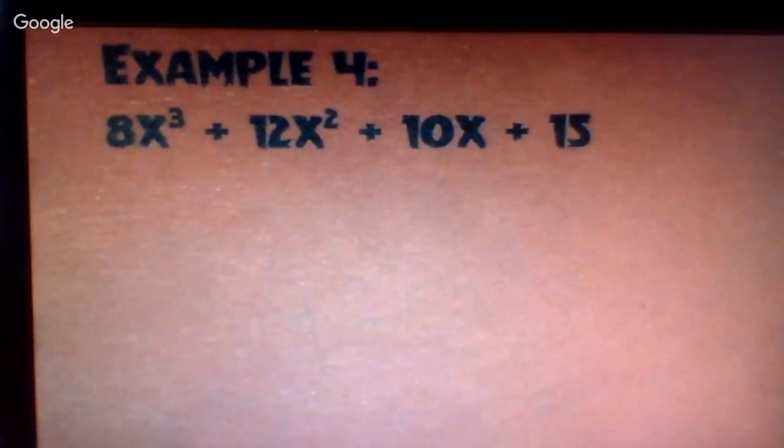Your steps are all there written for you. Take it one step at a time. Draw your parentheses, pull out your greatest common factor of each grouping.